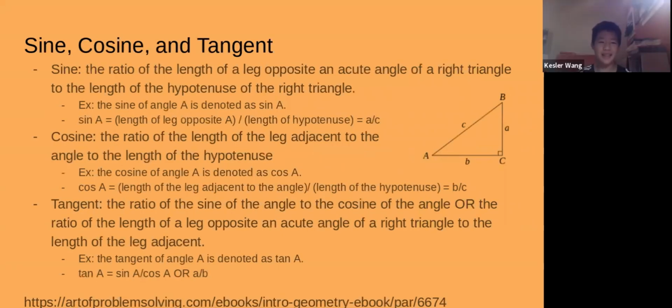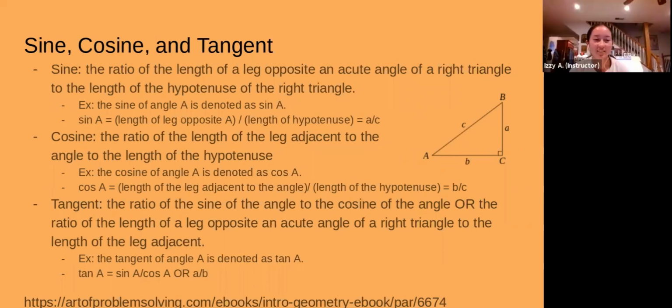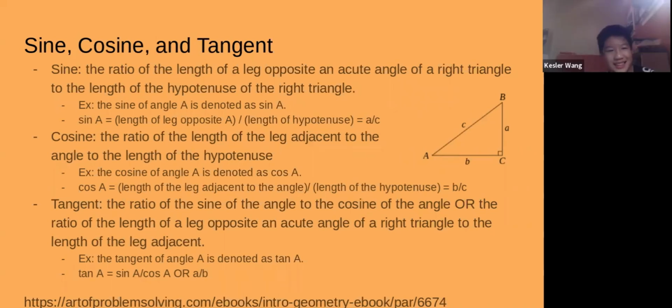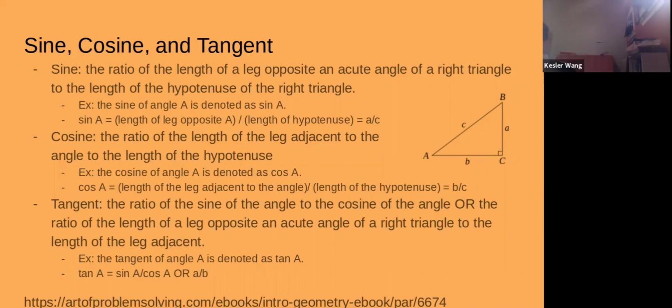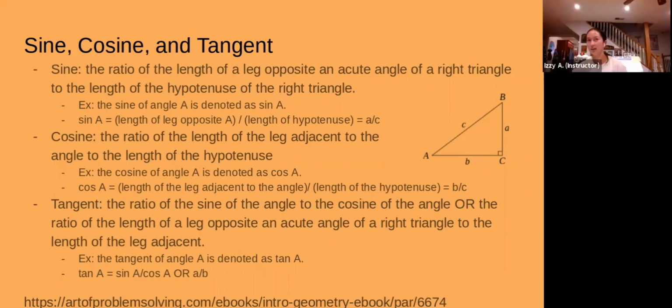Okay. Trigonometry. It's hard to pronounce, and it's even harder to get what it means. Trigonometry. What does it mean? Well, it's based off of roots, and trig, I feel like, is related to triangles.